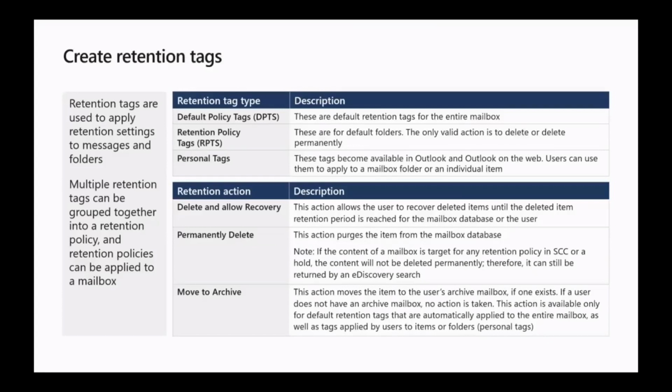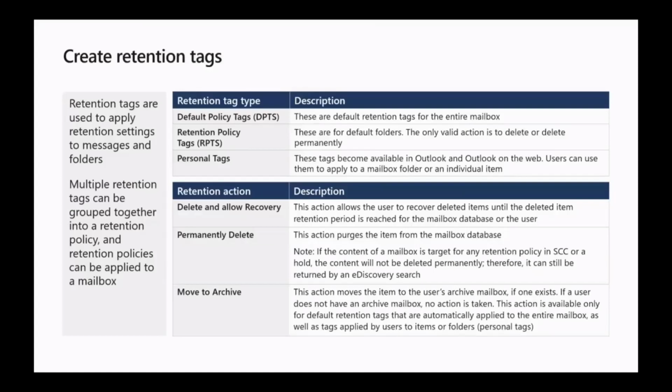Therefore, it can still be returned by an e-discovery search, for example. Okay. We're going to discuss e-discovery in later points of this course. But well, again, the idea is, for example, if a legal hold has been applied or a retention policy has been applied, even if a user marks an item to be deleted, they will not be able to see it, but the item will still be able to be recovered.